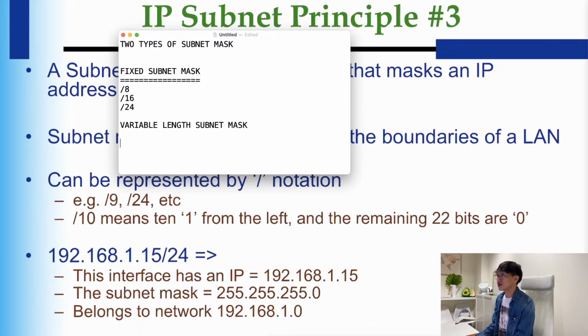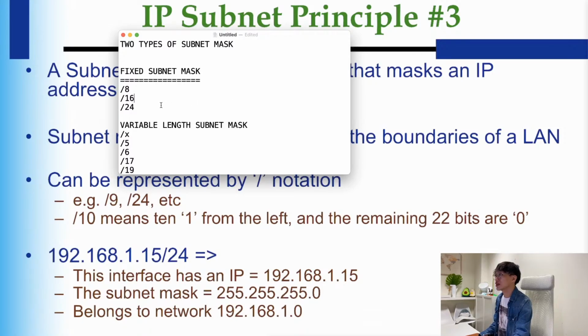Meanwhile, a variable mask means that it can be any number, and this number can range from 5 to 30. So it can be a /5 mask, /6, /17, /19. These are all correct, and we call this a variable length mask.